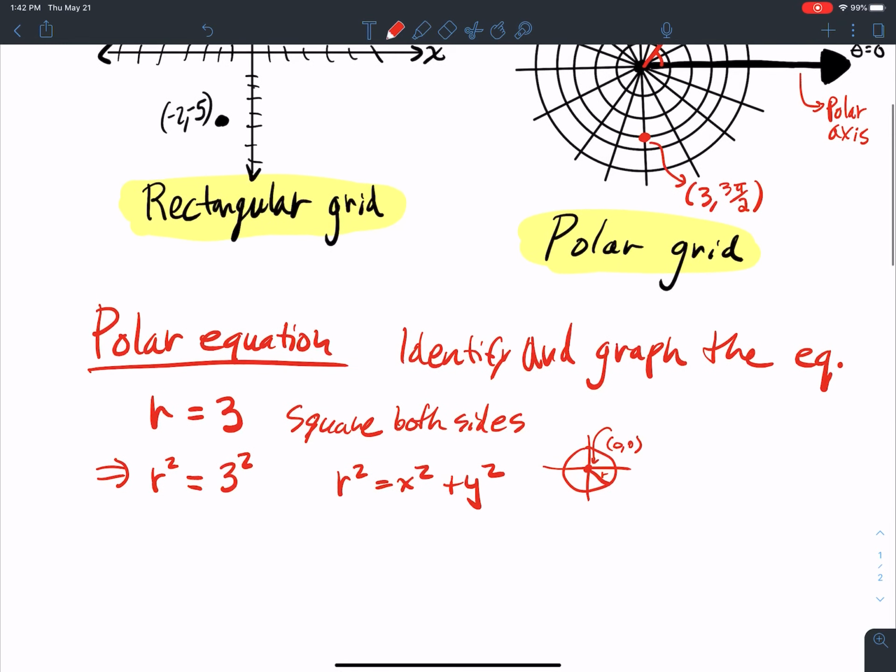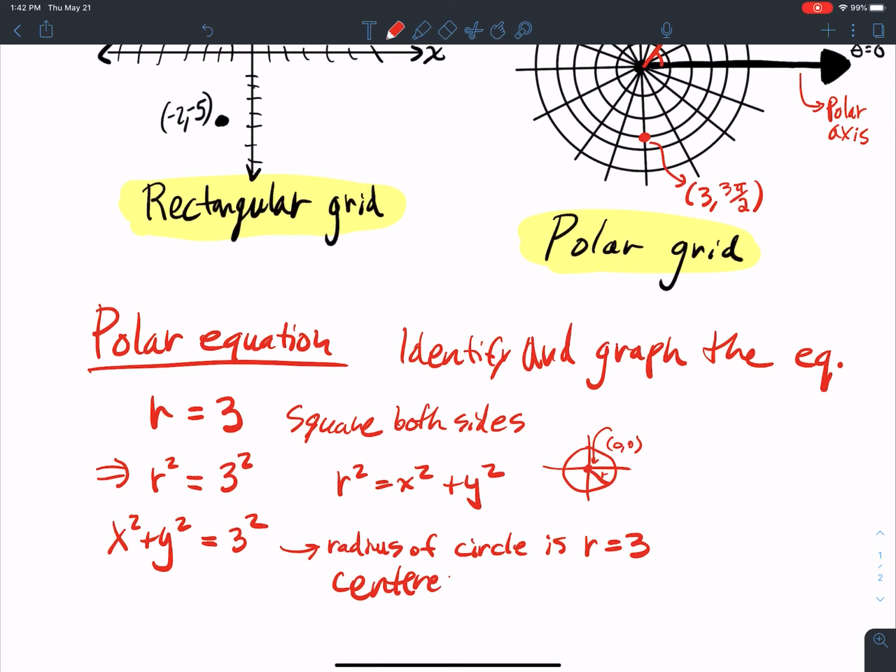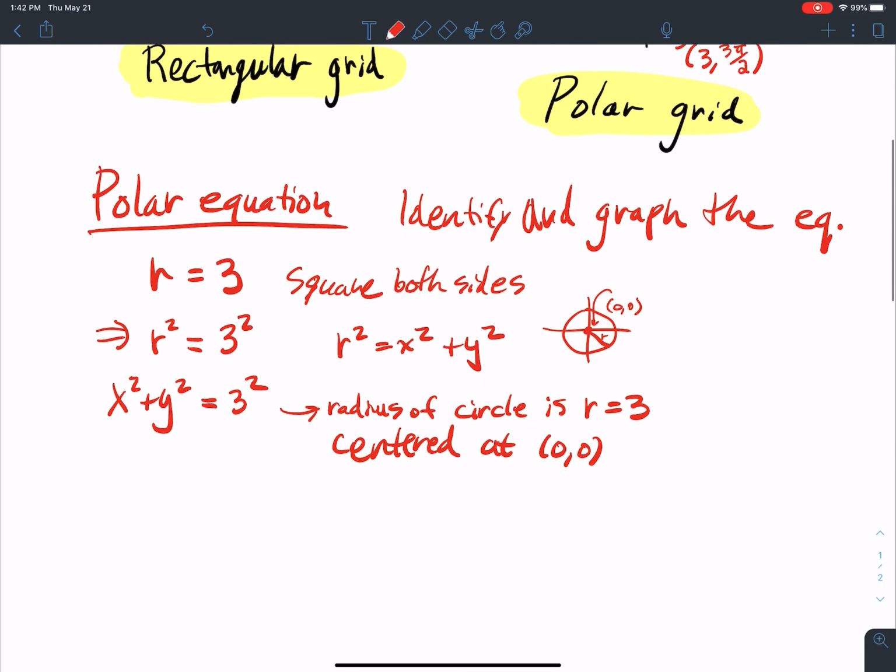So this is x squared plus y squared equals 3 squared. My radius of the circle is r equal to 3, centered at 0, 0. So what does this look like in polar?